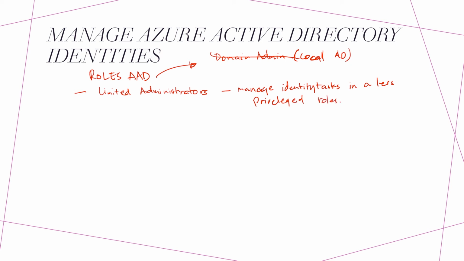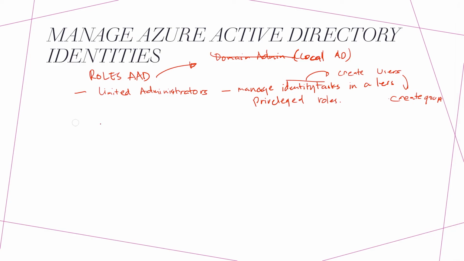So they can manage identity tasks in less privileged roles. Identity tasks could be creating users, creating groups, putting users in a group, removing users from a group. Yeah, so those are what they call identity tasks.